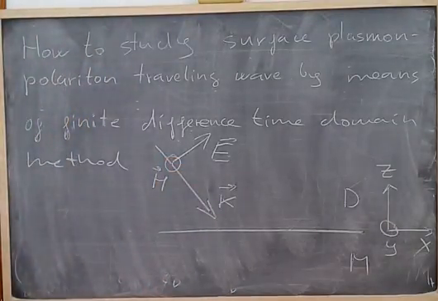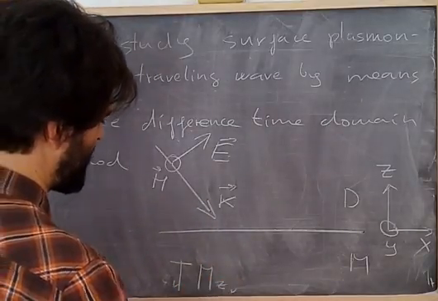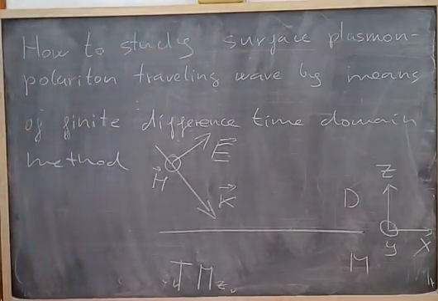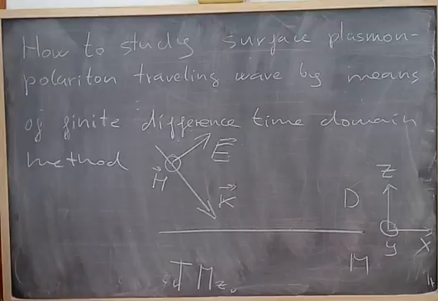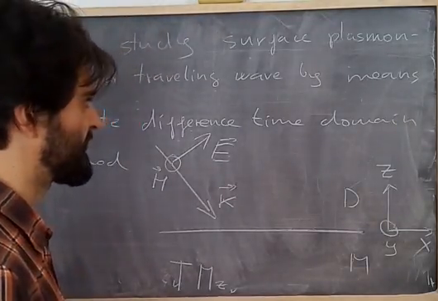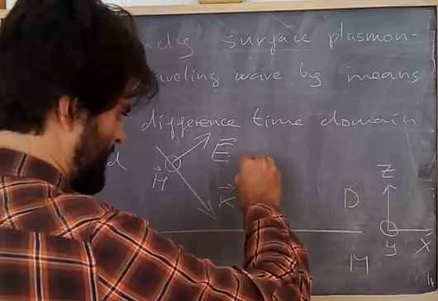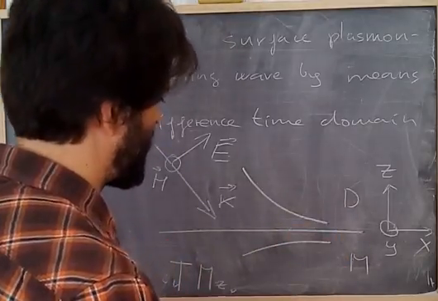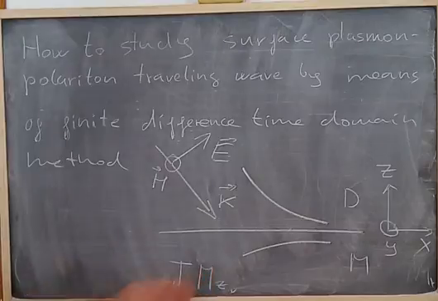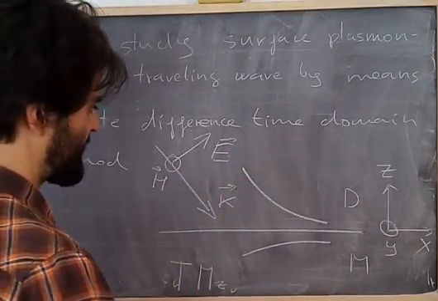With this kind of structure, we have a transversal magnetic mode just on the interface. It is very important in order to propagate this kind of wave, these surface Plasmon-polaritons. Of course, the penetration into the metal is less than in the dielectric.